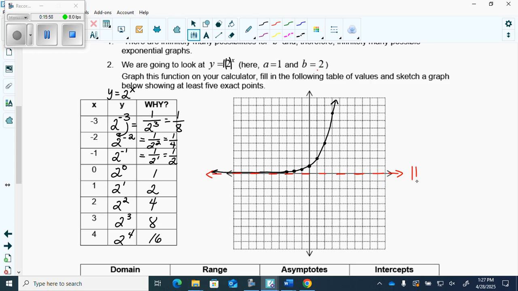This is a horizontal asymptote, because it's a horizontal line. What is the equation of the x-axis? Y equals 0. So the equation of the x-axis is y equals 0, and the equation of the y-axis is x equals 0.